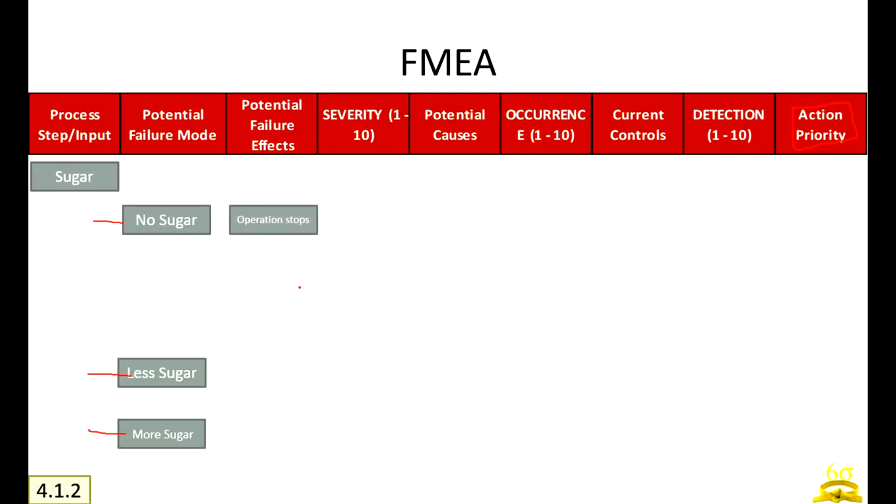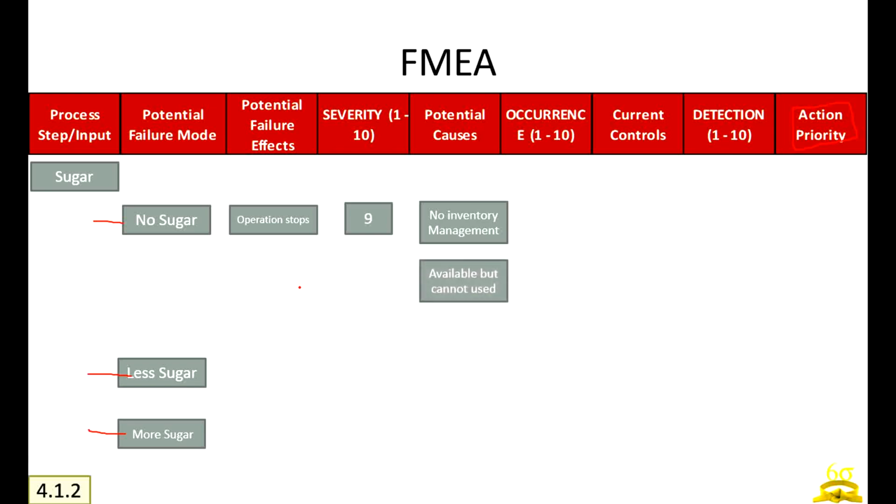Now the potential failure effect for no sugar is that the operation can stop. I see that there is no sugar, so I cannot make tea. That's why I have rated the severity very high, as 9. Potential causes: we find there is no sugar and still no one detects it, because there is no inventory management and they don't check every day.